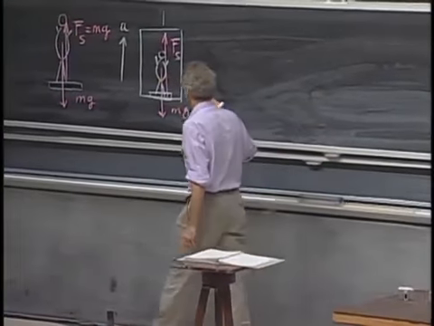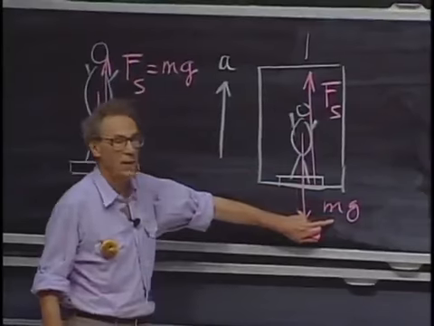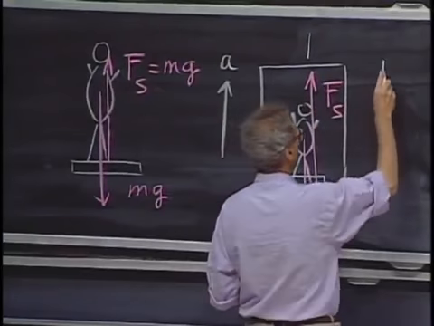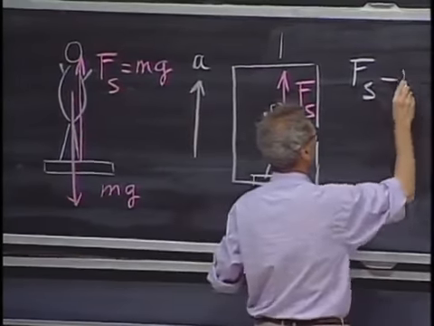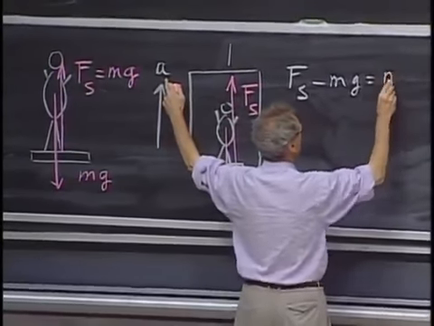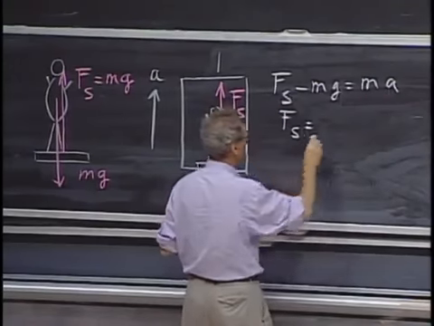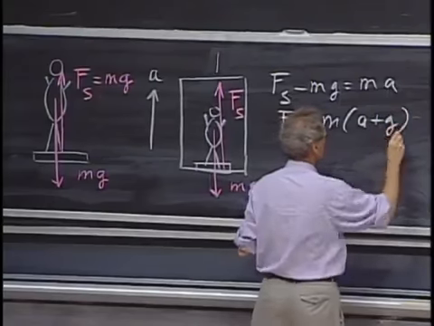Okay, it's clear that if this is accelerated upwards, that F of s must be larger than mg, otherwise I cannot be accelerated. And so we get Newton's second law. F of s in plus direction, minus mg, in this direction, equals m times a. And so the bathroom scale indicates m times (a plus g).